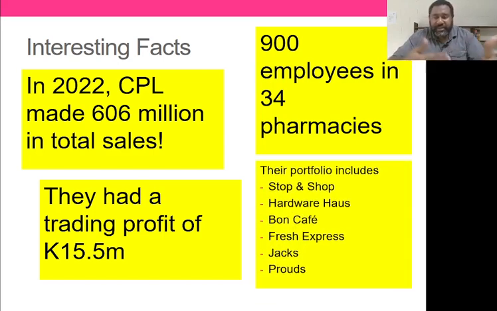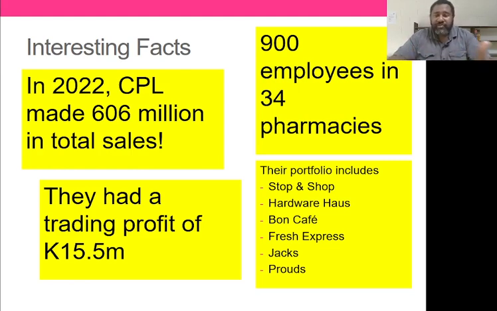And their portfolio, so CPL Limited is made up of numerous subsidiaries or brands that we are familiar with or know of, such as Stop and Shop, Hardware House, Bond Cafe, Fresh Express, Jack's, and Prouds.